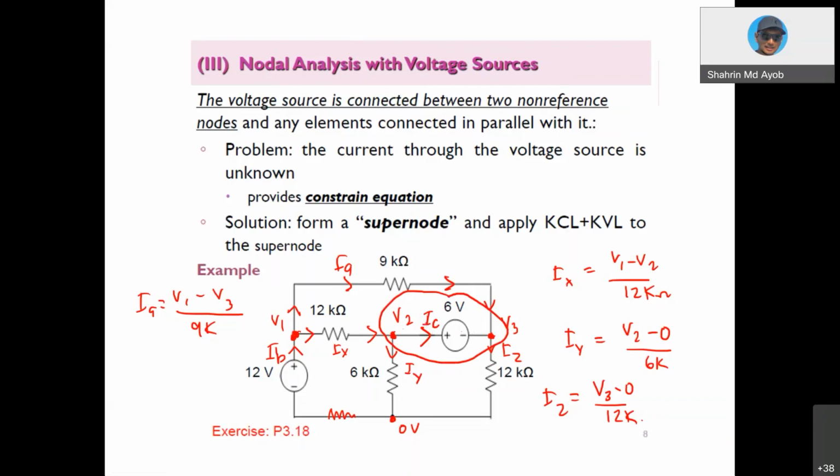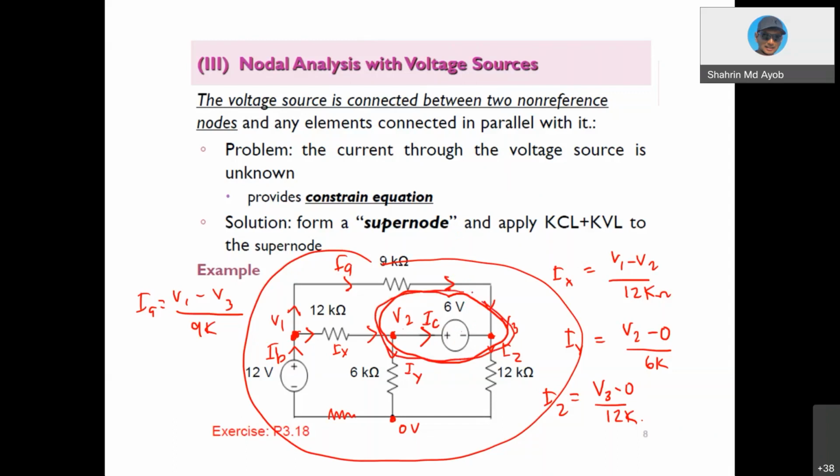I am reminding you that if you have this kind of connection, you can calculate, but you cannot derive the equation of IC. So to analyze a circuit with a voltage source connected in between two nodes, we need to represent this as what we call a super node.